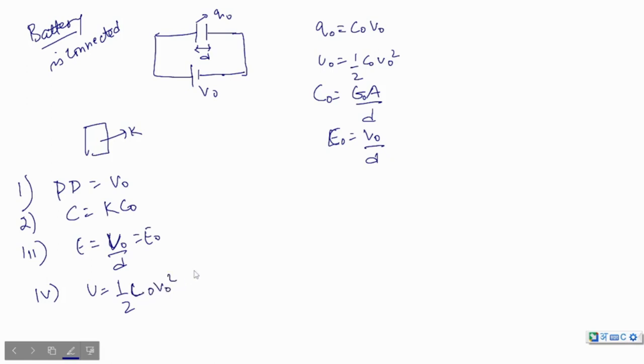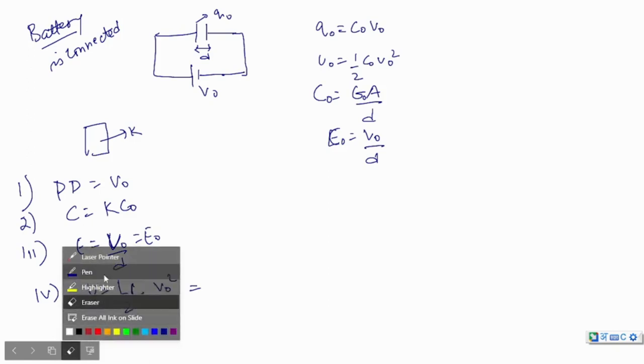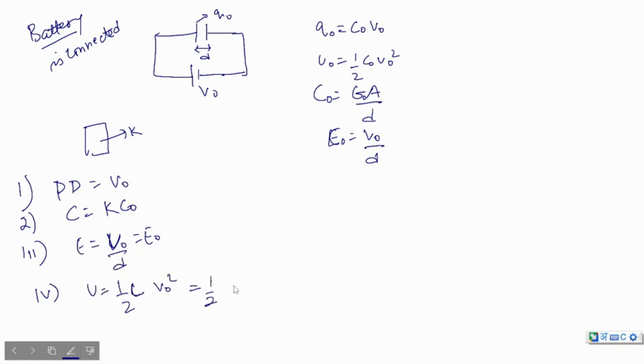See, there is a change in C. This will be C only. Now this will be 1 by 2 into K C naught into V naught square. So what have you got? This will be K into 1 by 2 into C naught into V naught square. This is actually U naught.